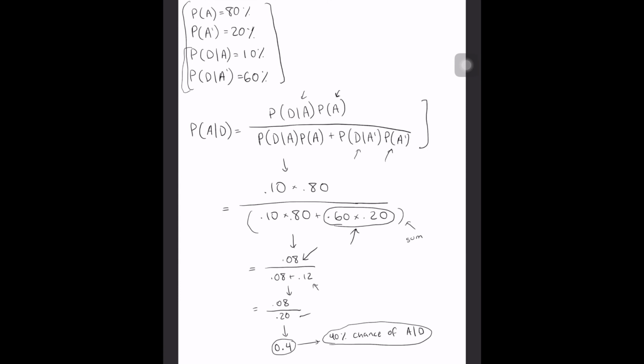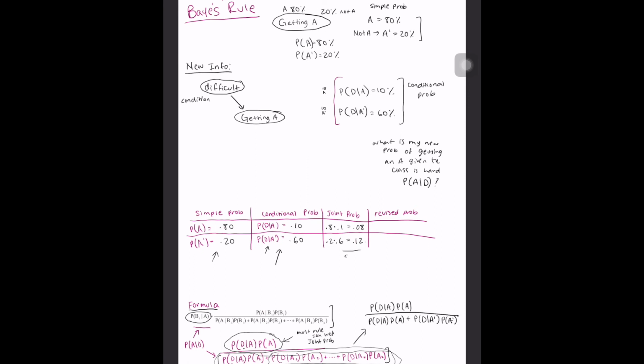And then if you notice, we have our 0.08, our 0.12. If you add together the joint probabilities, you get your denominator. So we can find the sum of the two joint probabilities, and that becomes our denominator for the revised probability. And then we take the joint probability of each one of these, 0.08, 0.12.